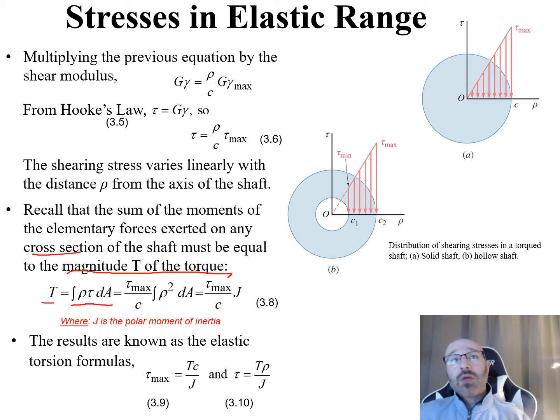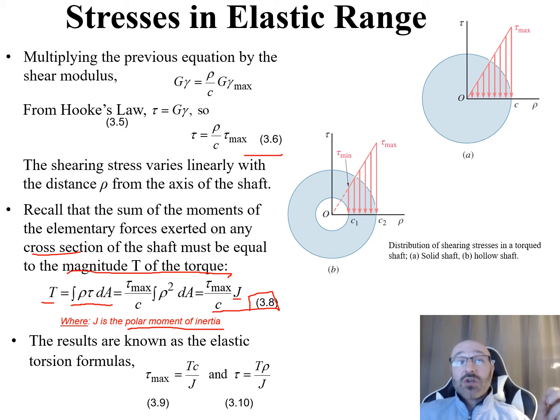We can plug into that from equation 3.6 and see that torque is equal to tau max over C times the integral, when we pull that out front as a constant, of rho squared dA. And from there, we get equation 3.8 in this section of the textbook, that T is equal to tau max over C times J, where J is now our polar moment of inertia.